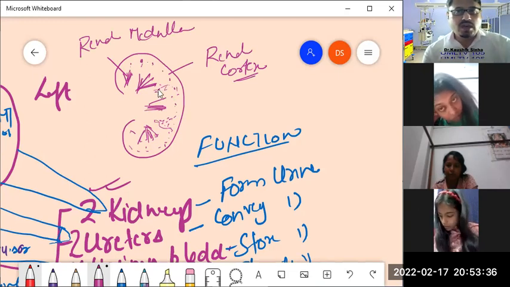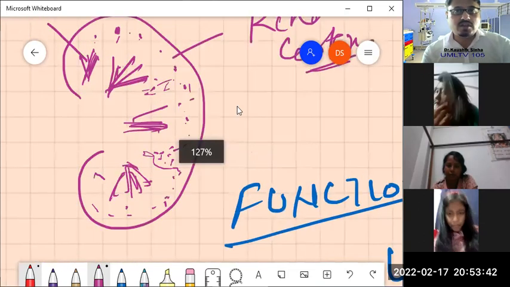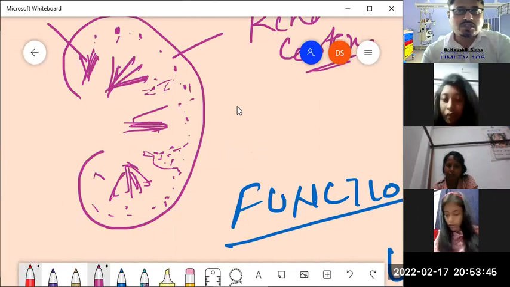Now, if we enlarge this view, let me show you how it is organized, because not much time is left. If we enlarge this view, these dots will become big.